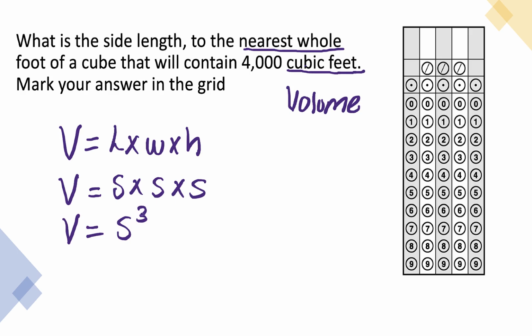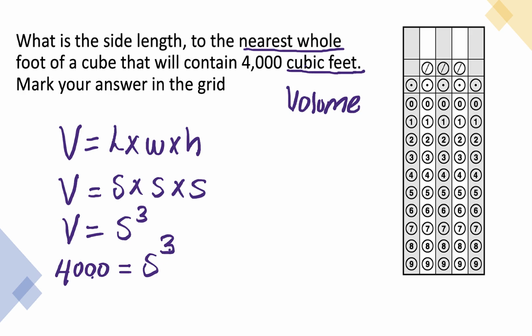So side cubed, some textbooks call it edge cubed. So all the sides are the same. But they told us the volume. They said the volume is 4,000. So we know 4,000 equals s cubed. So we want to find out what s is. We want to know how much is a side length.